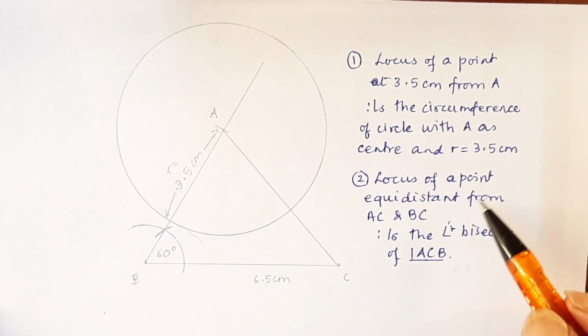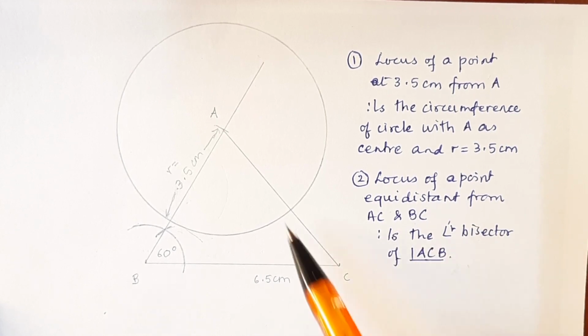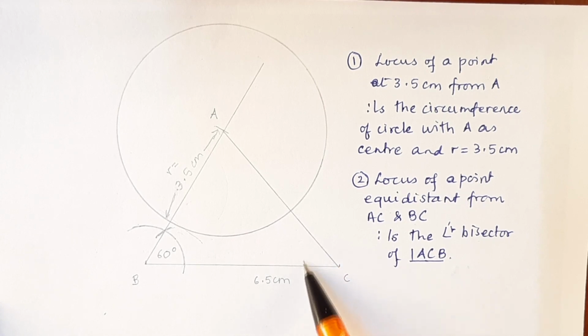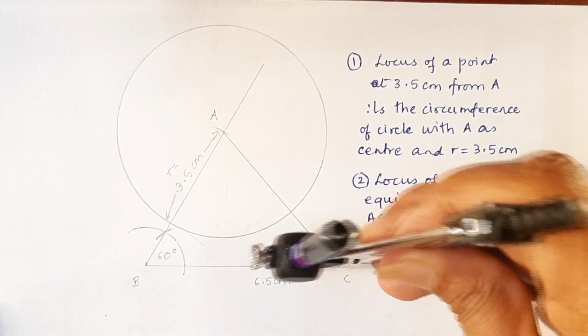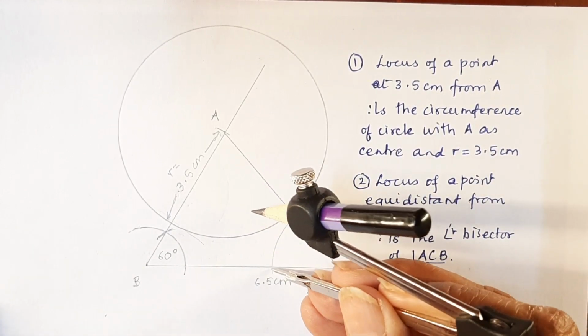Okay, now locus of a point equidistant from AC and BC. AC is here, BC is here. So which is the common angle? Here. So it will be angular bisector of this common angle. So let us see how we draw the angular bisector. All of you know how to construct the angular bisector, right?